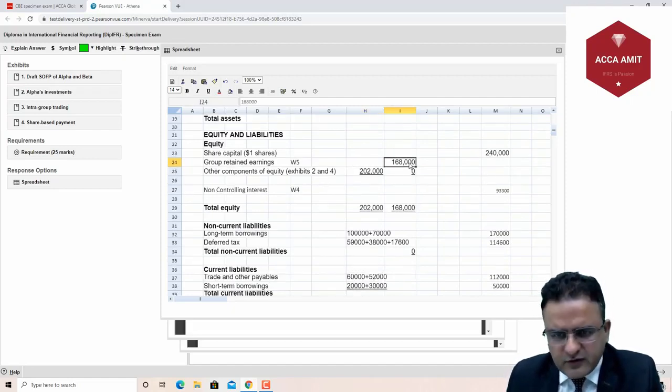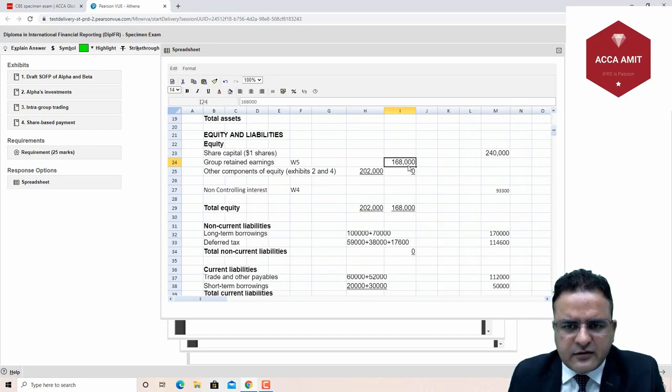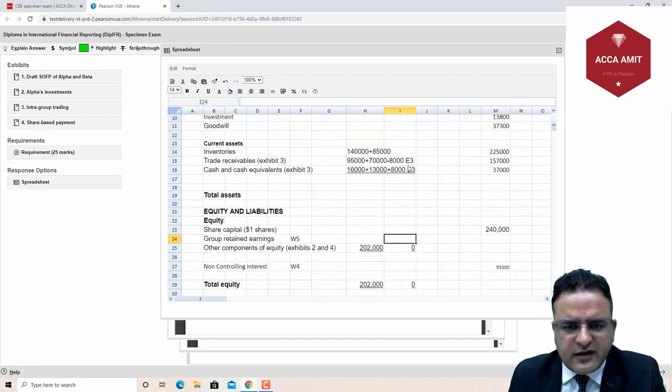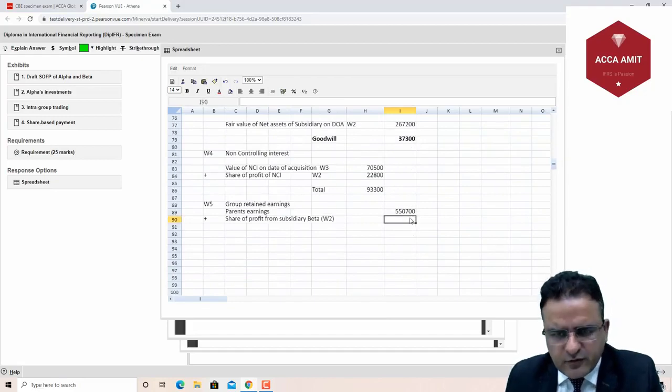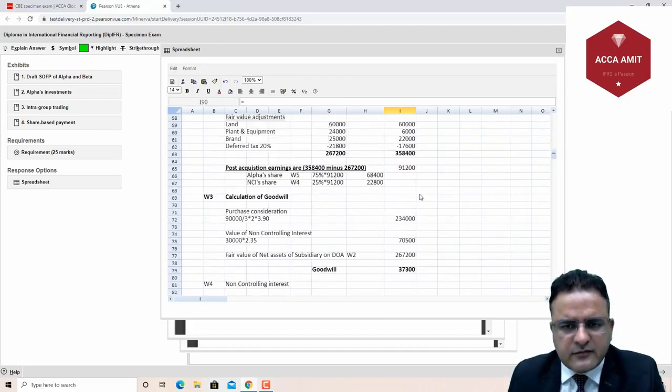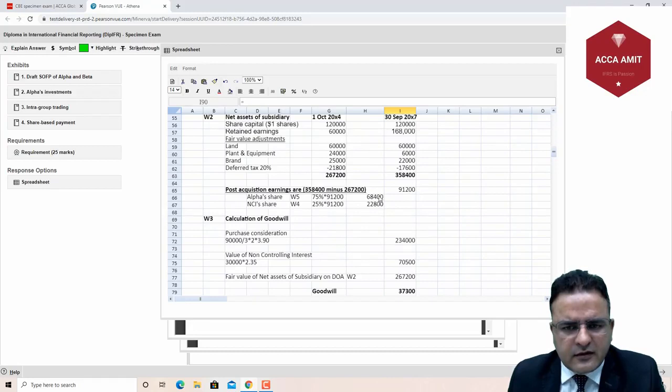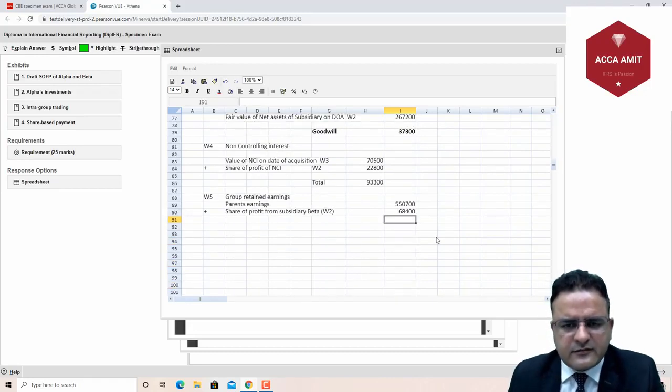Share of profit of subsidiary is 1,68,000, out of which share of profit is decided now. From working note number 2, share of profit of subsidiary is post acquisition profits, that is 68,400.